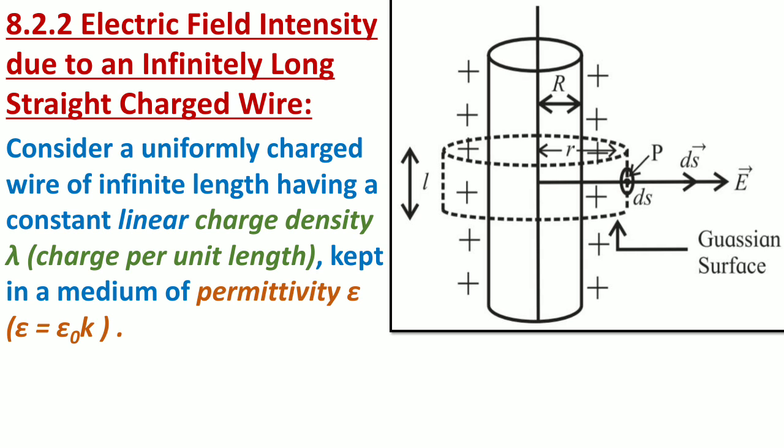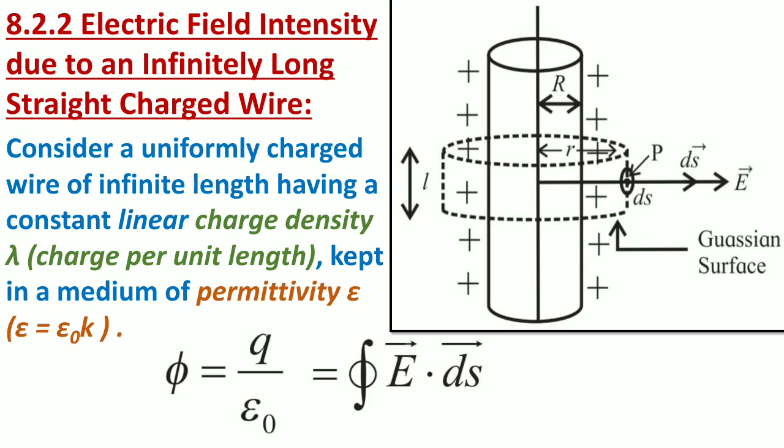And according to Gauss's law, we know that flux is equal to closed integral of E dot ds. It is a dot product, so which component will be there if you take the magnitude? Yes, cos theta will be there. What you have to remember is the Gauss's law. What is Gauss's law?